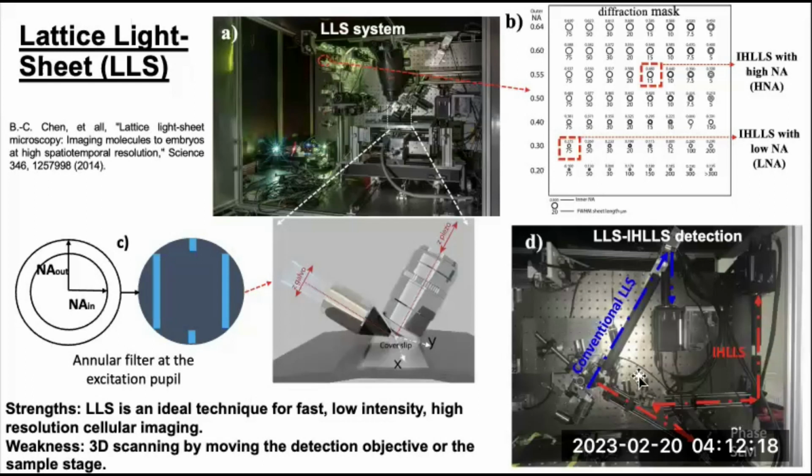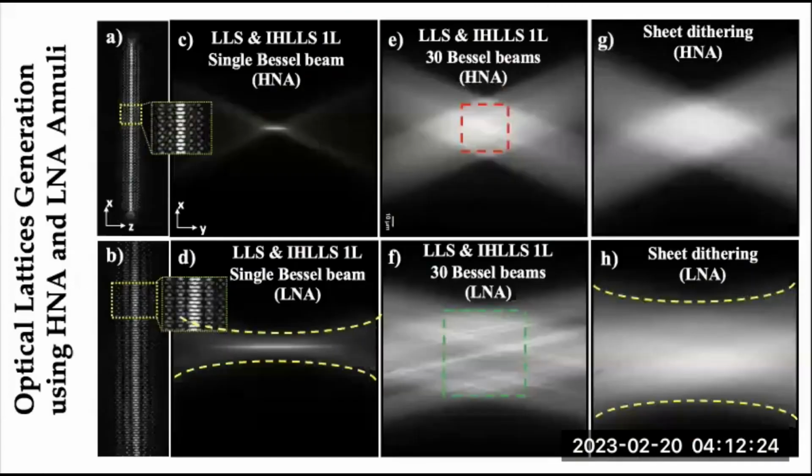So I'll go to the ILS version of the conventional lattice light sheet, but before that, I would like to say a few words about optical lattices. Optical lattices can be designed for various wavelengths, diffraction masks, annuli, single or multi-Bessel beams.